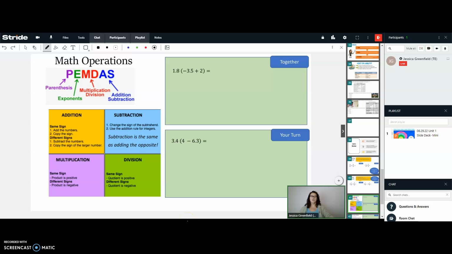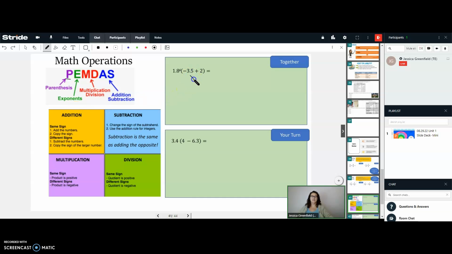So looking at this top one, anytime a number is outside of a parenthesis like this, that operation is multiply. But I can't do any multiplication without doing inside the parentheses first. So that P kind of comes into play there. We have to do that one first.